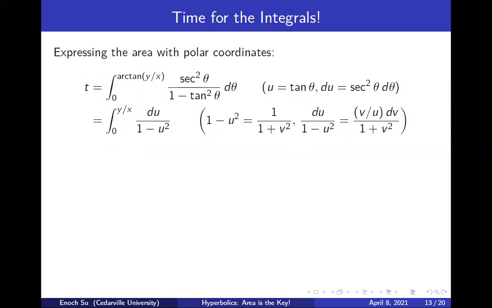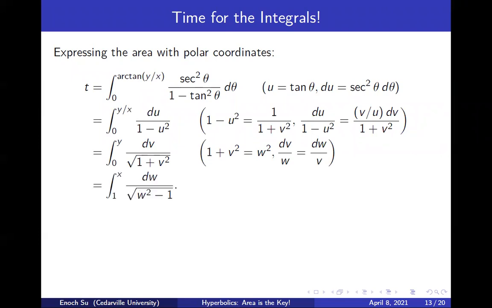So I'm not going to take the time to go through them in detail because that would just eat away the time I have. So doing the substitution, we get the integral from 0 to y of dv over square root of 1 plus v squared. Doing the substitution over to the right of us will wind up giving us the integral from 1 to x of dw over the square root of w squared minus 1.